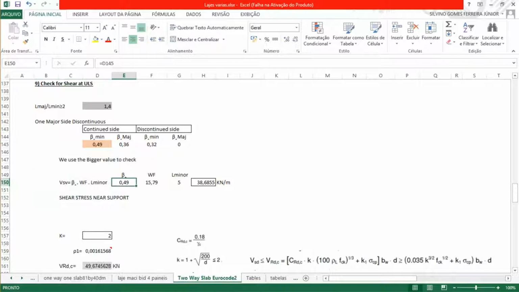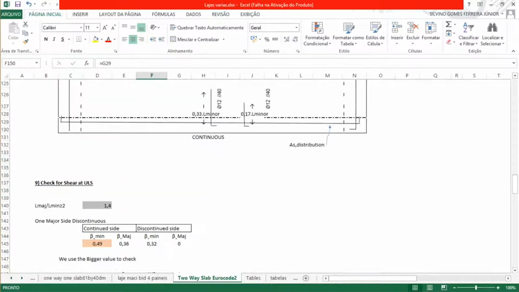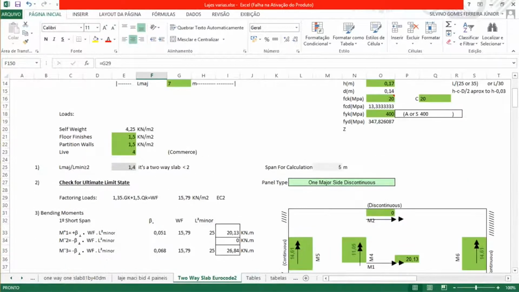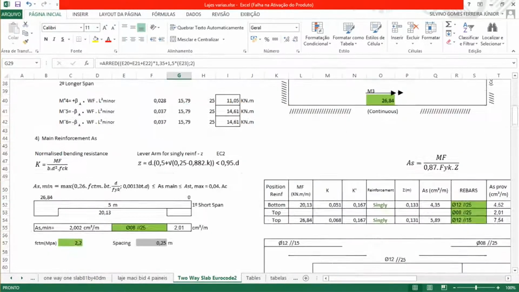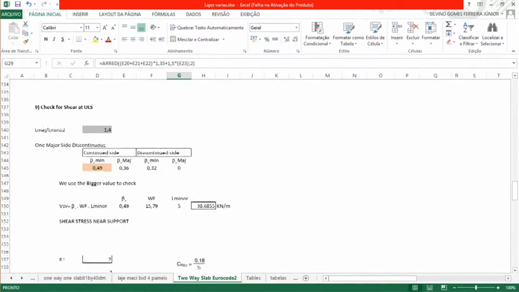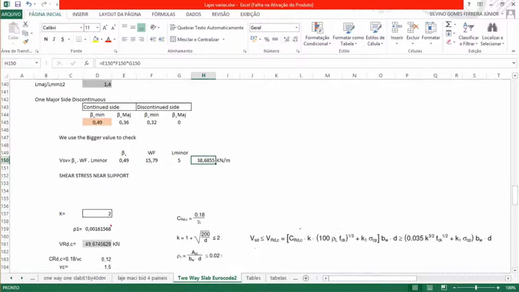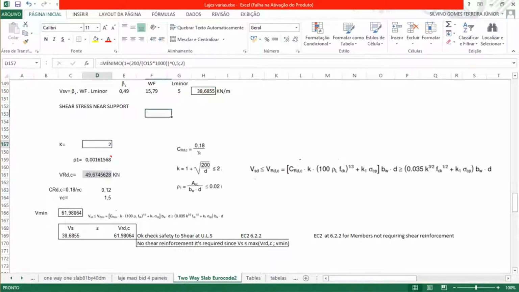So it will be 0.49, that is the bigger one, multiplied by the 1579 that we calculated, the factor load at ultimate limit state, multiplied by the minus 10, that is 5, what gives us 38.69 kilonewtons per meter.